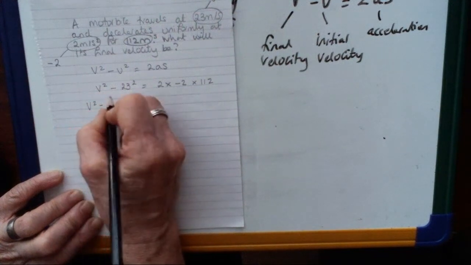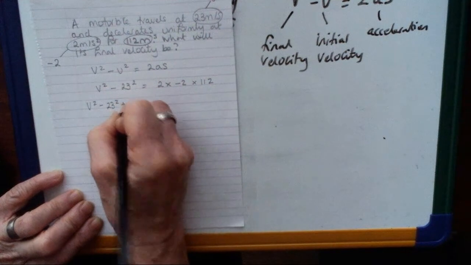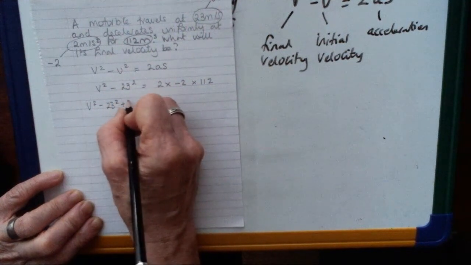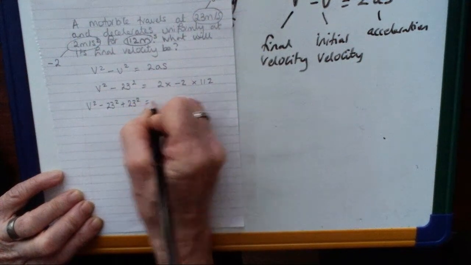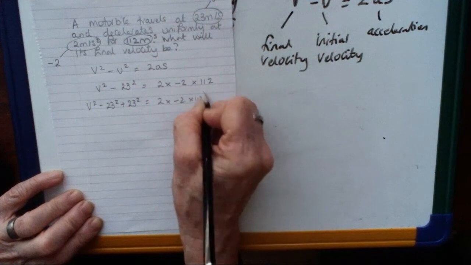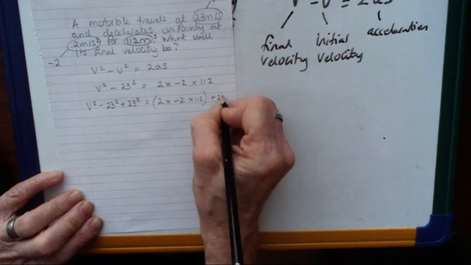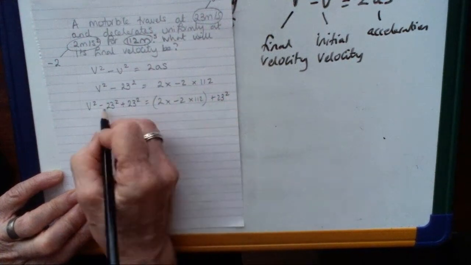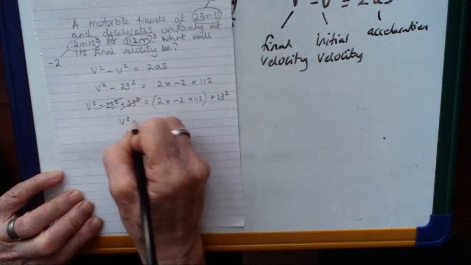So we want to get v on its own. The long-winded way, you probably drop this step when you're a bit more comfortable with it. Remember it's minus, so it's not a divide thing. Those numbers you're going to want to pop in a bracket, plus 23 squared. So these two cancel each other out, leaving v squared on its own.